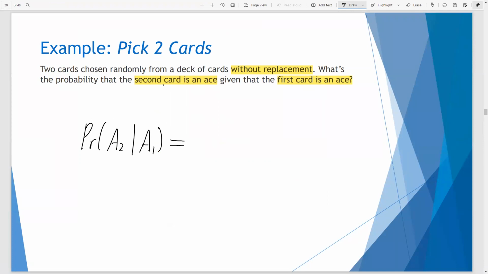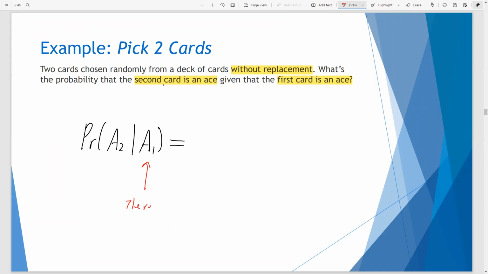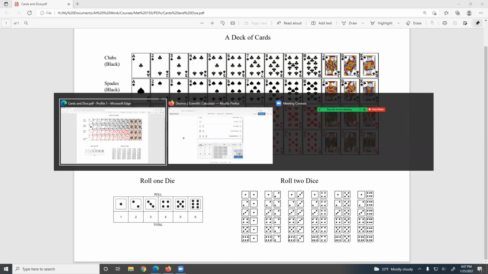What that means is, after your first card is an ace, there are 51 cards remaining in the deck, since you chose 1 already. And there are 3 aces, because there were 4 aces in the deck, but whichever one you chose out, only 3 are left over.